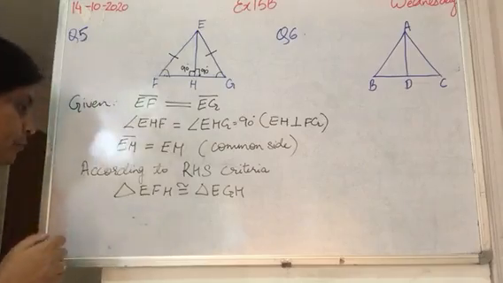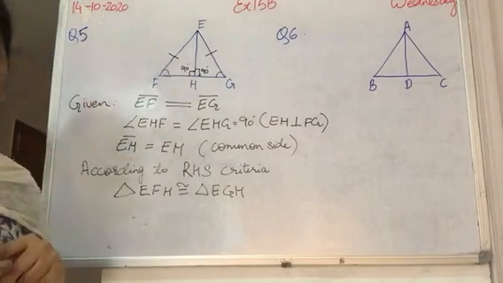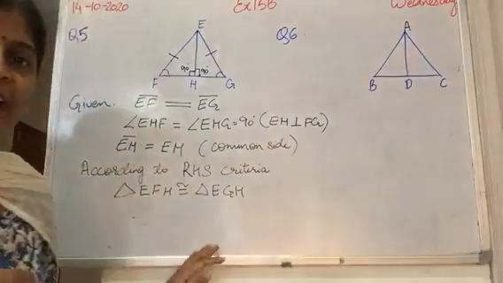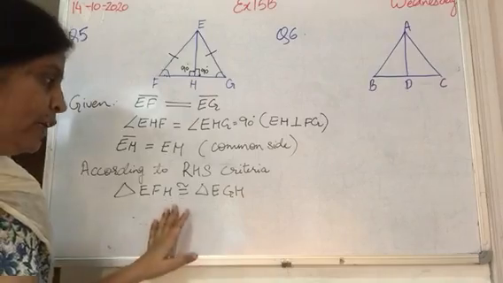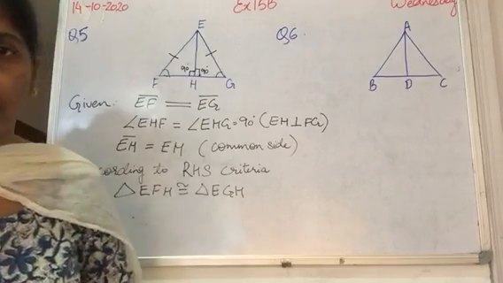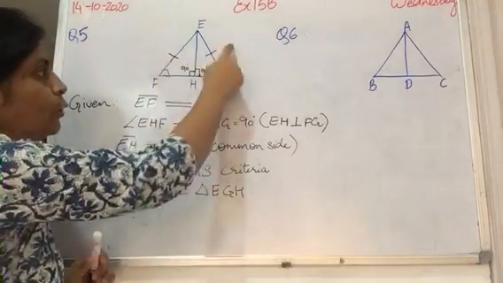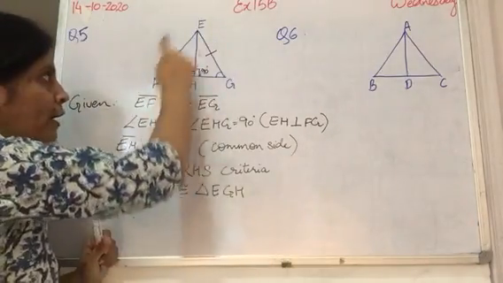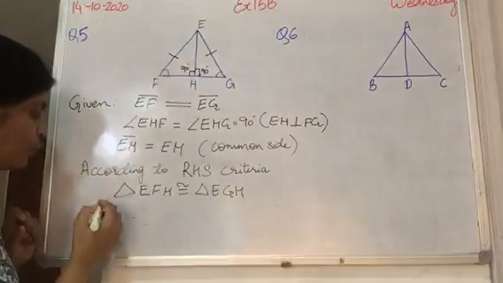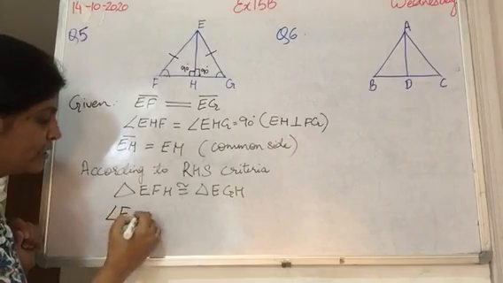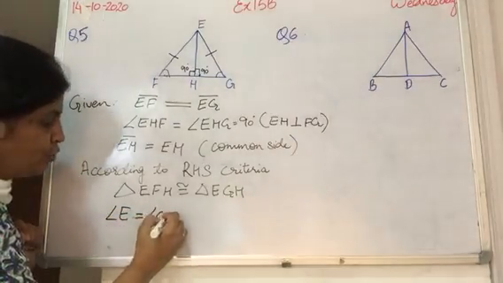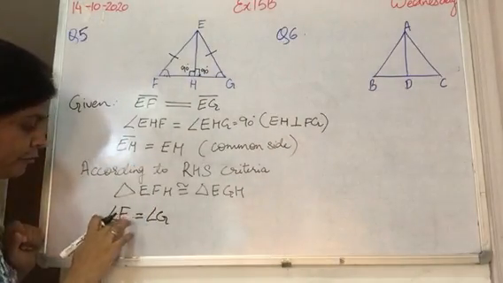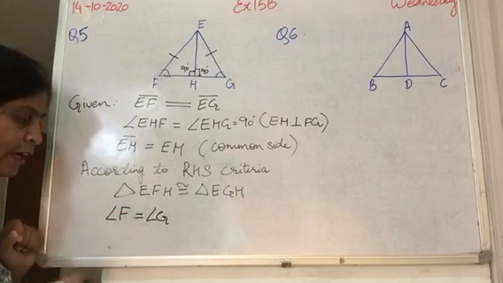As I told you, in congruent triangles all sides and all angles are equal. So this side is equal to this side, this side is common, and all angles are also equal. So we write angle F is equal to angle G.